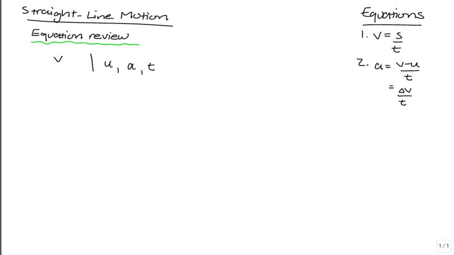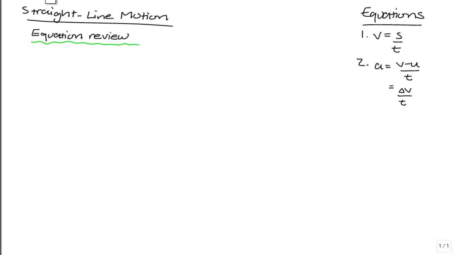Right? This equation will be a little more general. It allows you to use acceleration information and time information and initial velocity to find the final velocity of an object. So it allows you to work in more situations than the simplified equations 1 and 2, which you have already.